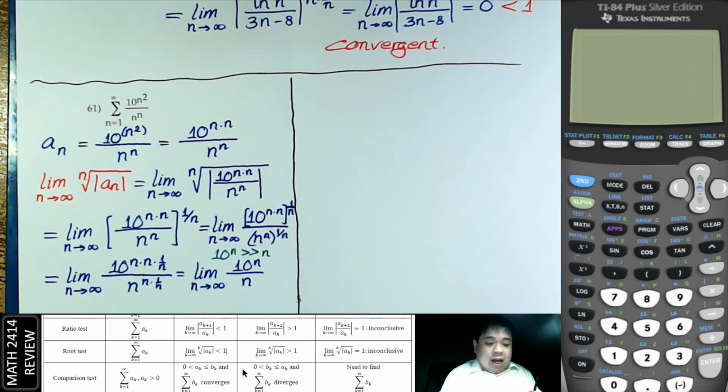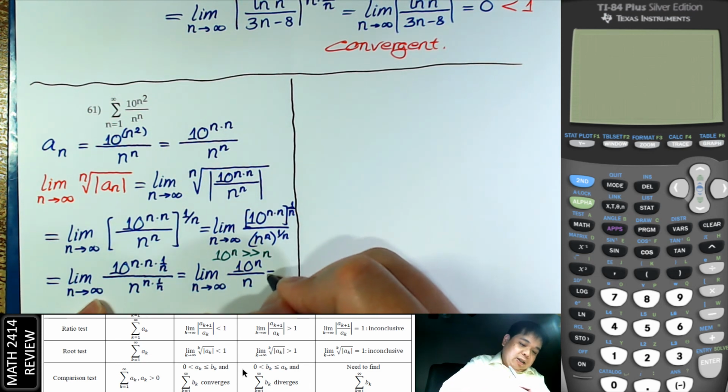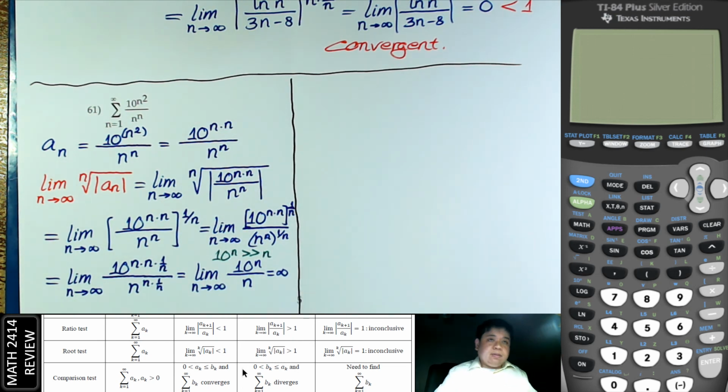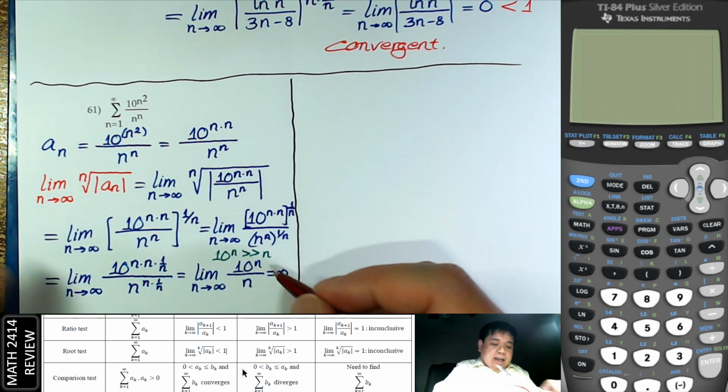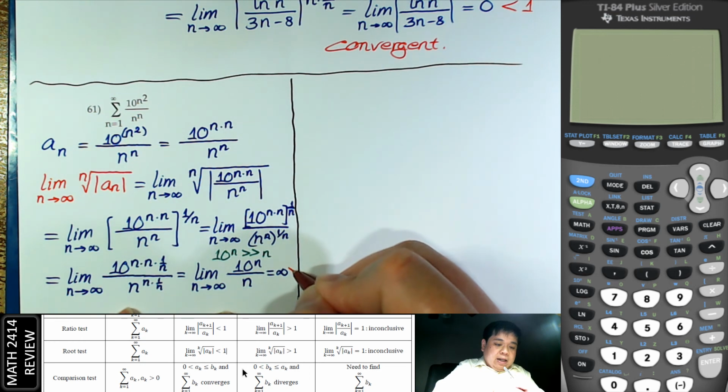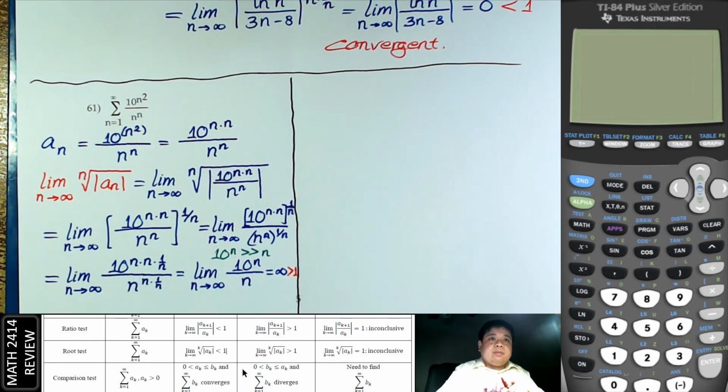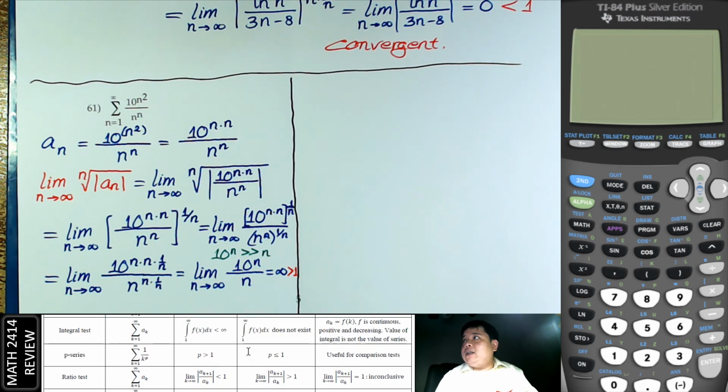Because of that, the top is getting too big, the bottom is getting bigger but at a much slower rate, so this will have to be equal to infinity. Because the top is going to infinity so fast, and infinity is greater than 1. And the root test says if it is greater than 1, it is divergent.